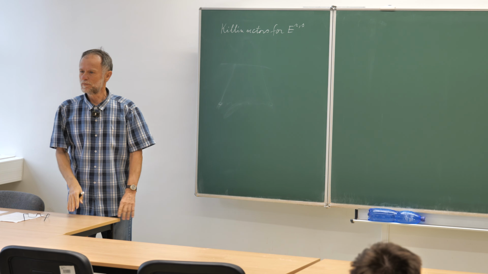For example, from this, what should we compute, by the way? It is Lie derivative of this vector field applied on dr squared plus r squared d theta squared plus sine squared theta d phi squared.